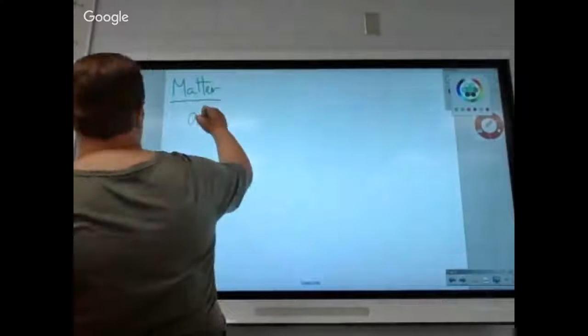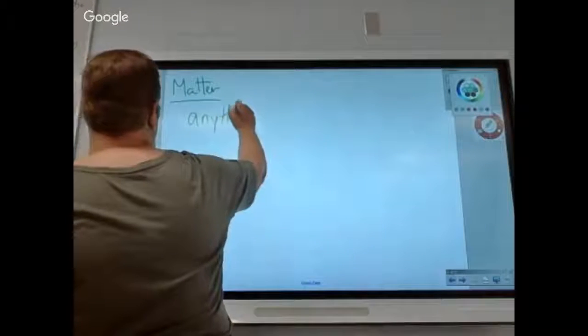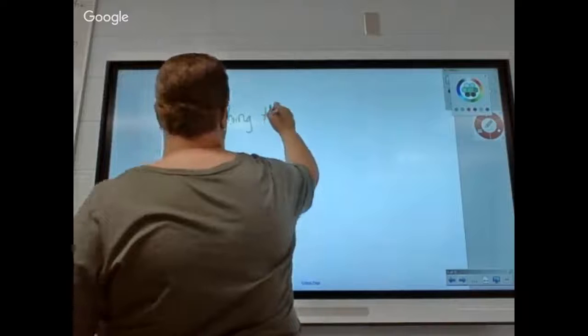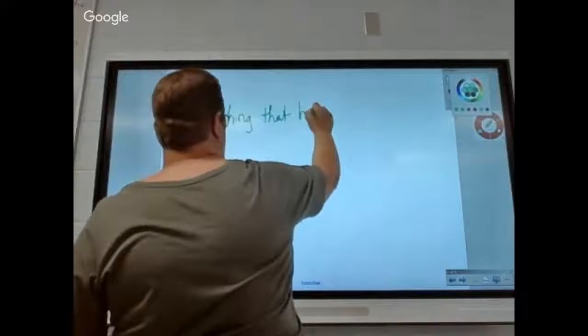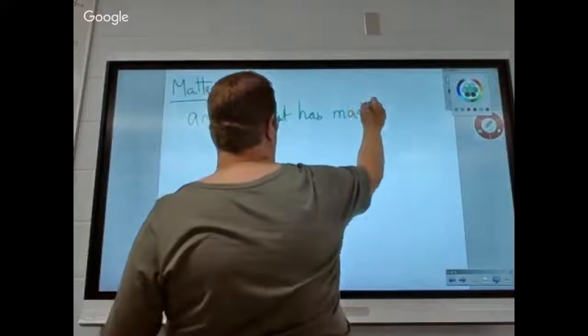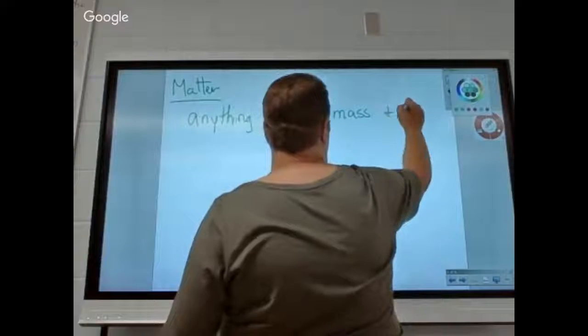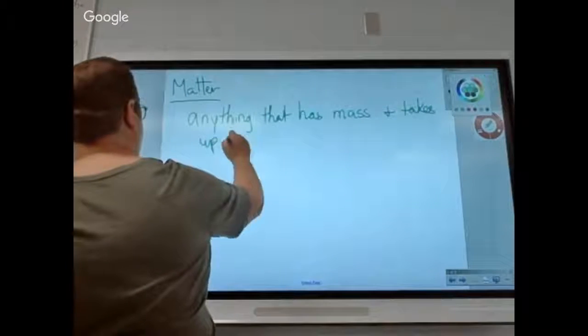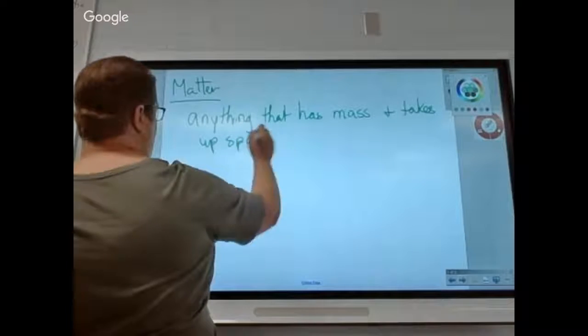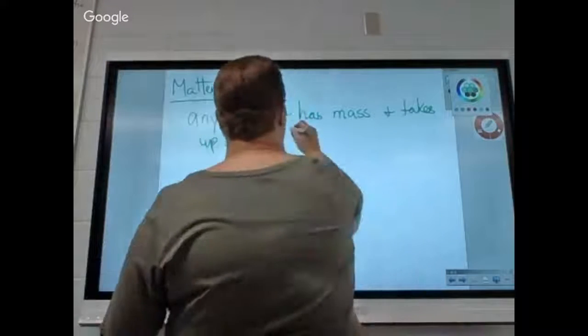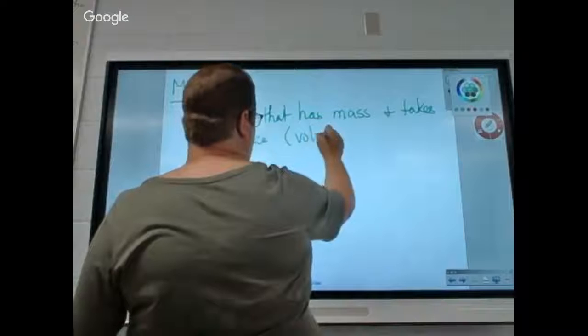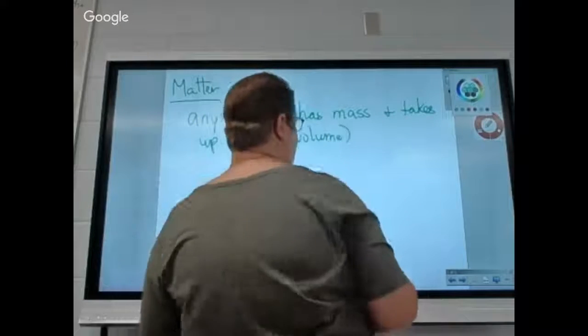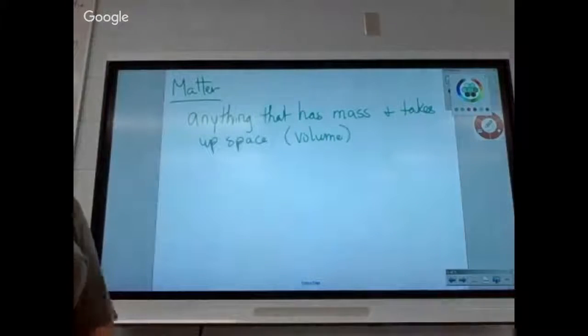Matter is anything that has mass and takes up space. Now, a lot of people will say volume instead of takes up space. So you could say has mass and volume.